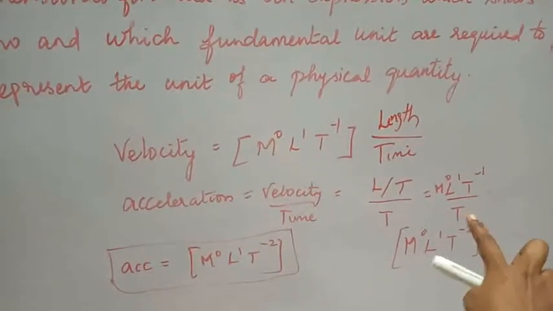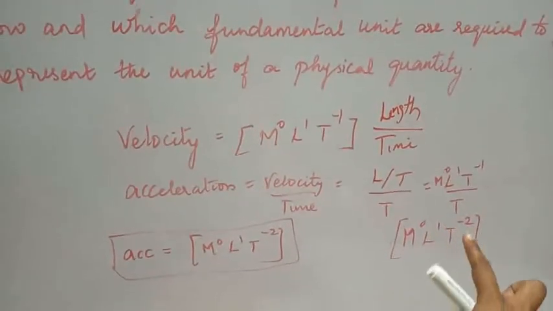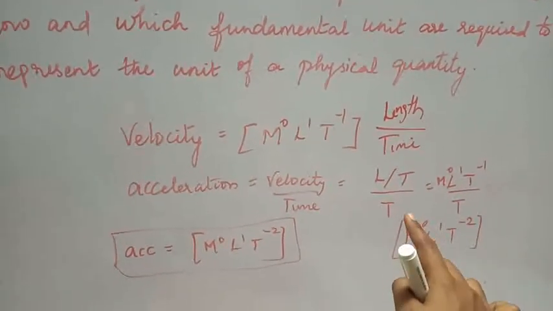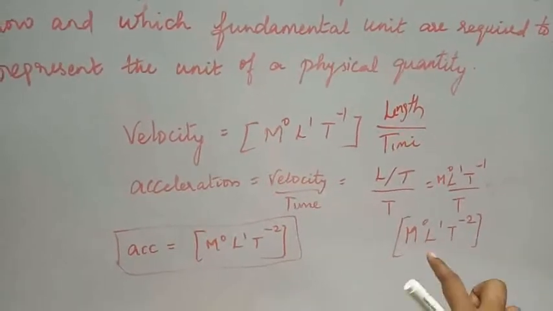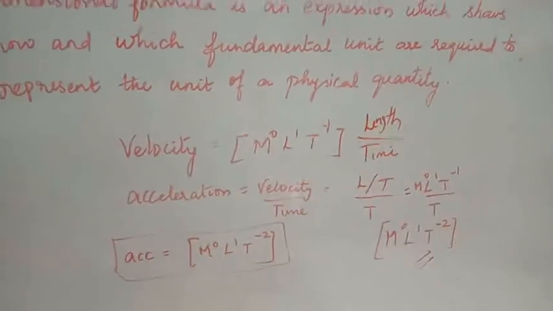When this T goes to the numerator, it becomes M power 0, L power 1, T power minus 2. As we know, the dimensional representation should be within the square bracket. So this is my dimensional formula for acceleration.